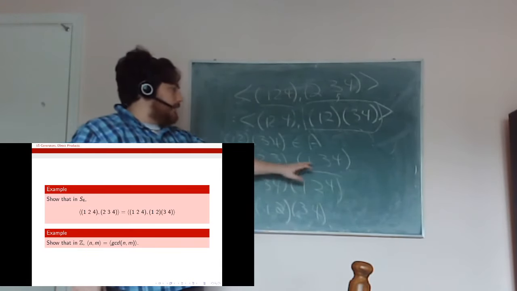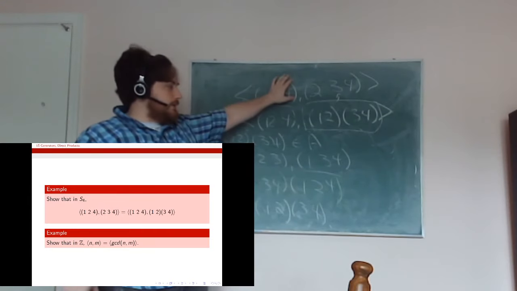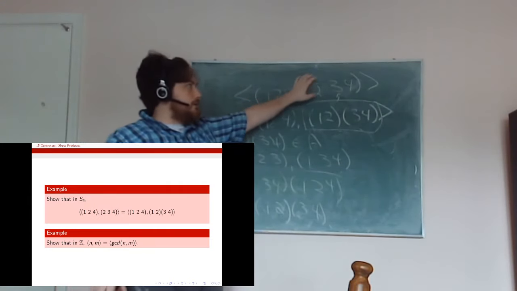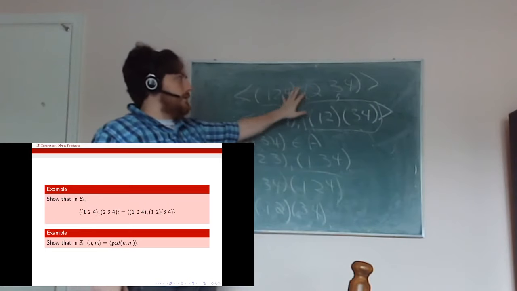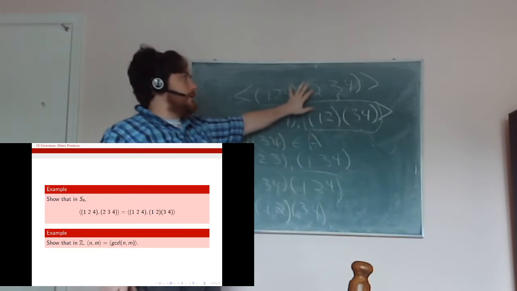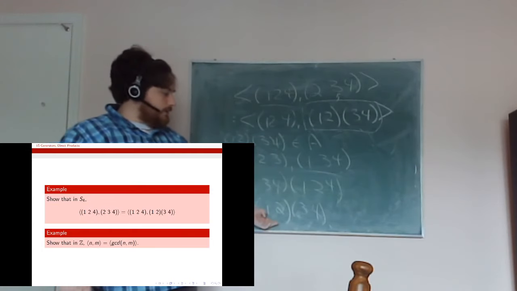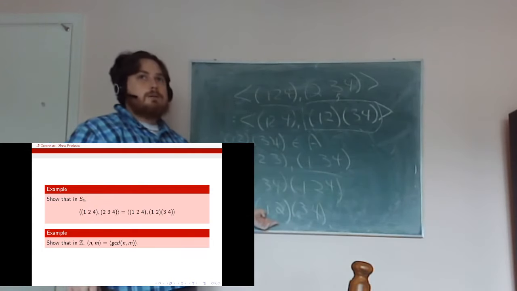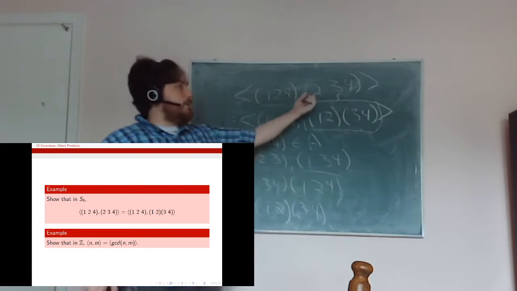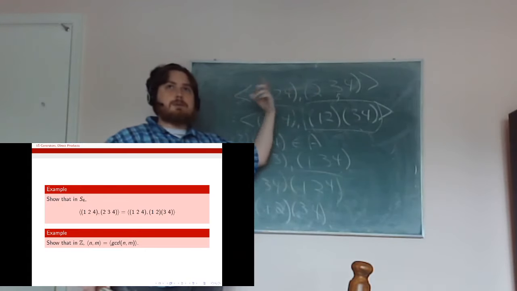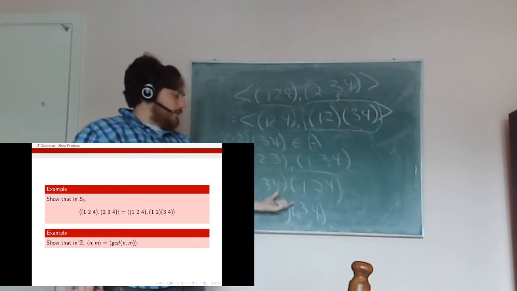Now notice that we were able to get this one by composing these two. So I actually had to use 3 of these things in all. So one of each, and then 2 of one of these and 1 of the other. And then I was finally able to compose it and get out my (1 2 3 4). So it's not always as straightforward as composing 2 at a time or composing them together in some direction and getting it out. You might have to do some more work.